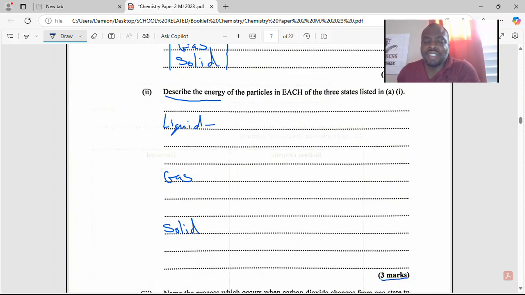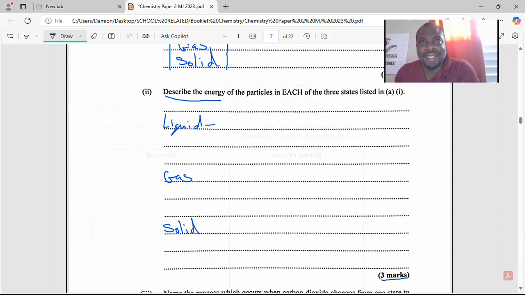For this, I tell students to compare gas and liquid. So you compare the liquid with the gas and the solid. It would possess more kinetic energy than those particles in a solid, but less kinetic energy than those in a gas. Not true?